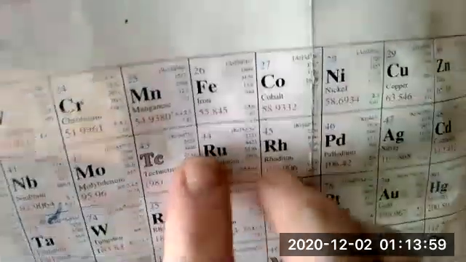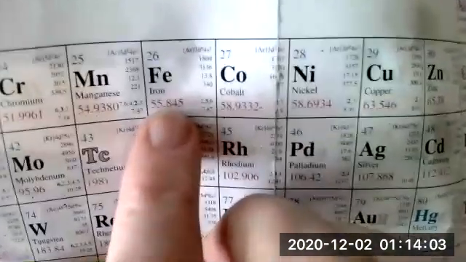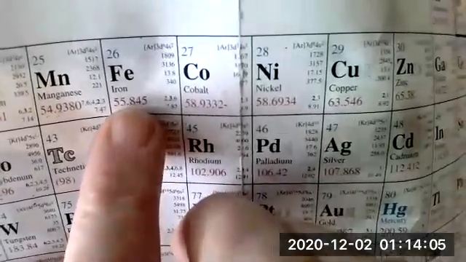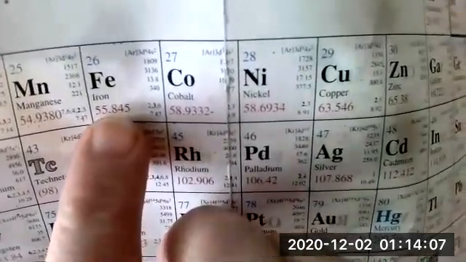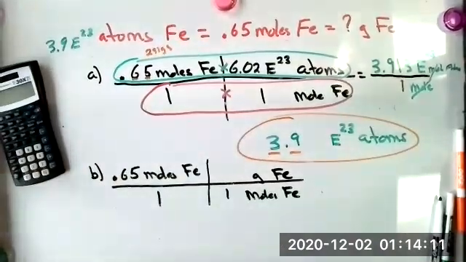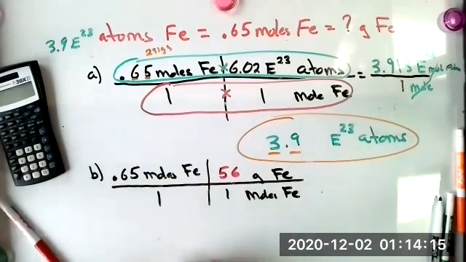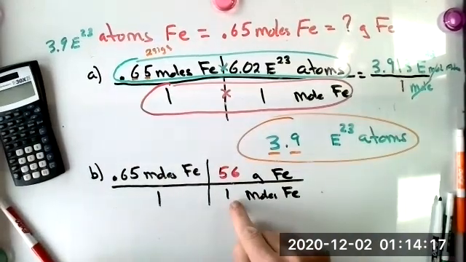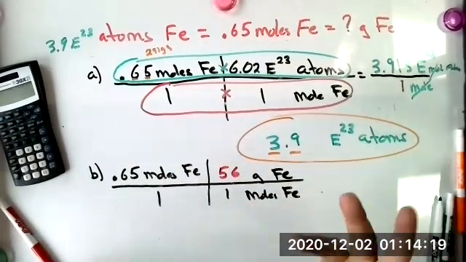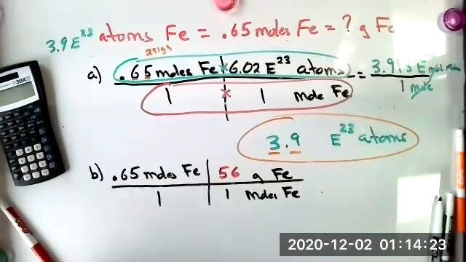I'm going to take that A number and round it to 56. 56 goes right there. How is that possible? Well, 1 mole of Fe atoms is equal to its A number in grams. That's the very first part of today's lesson.